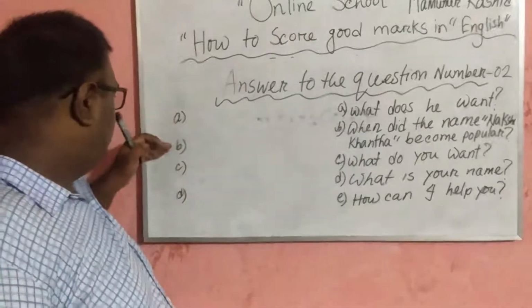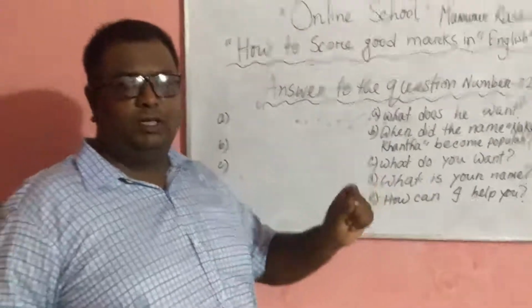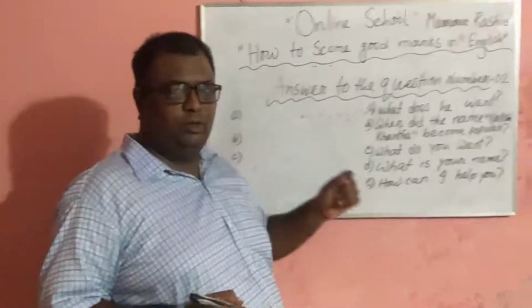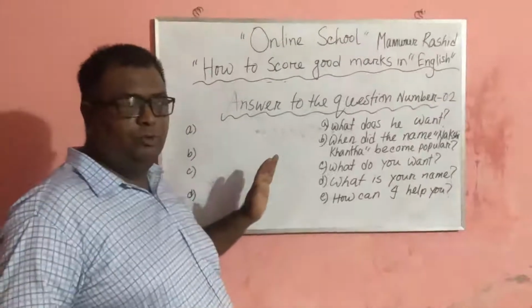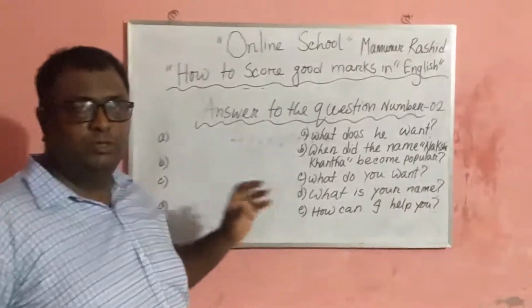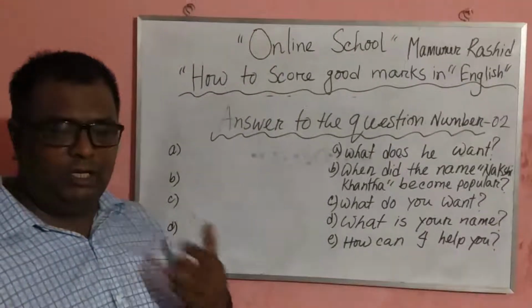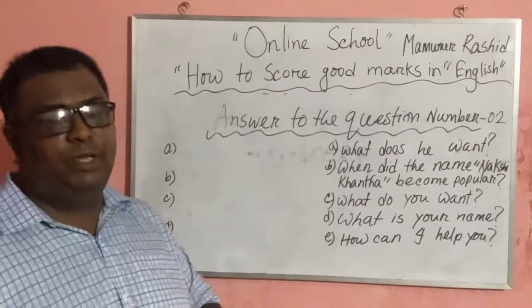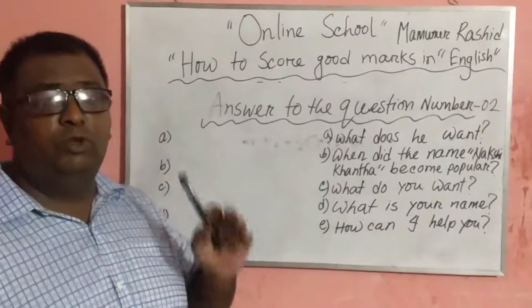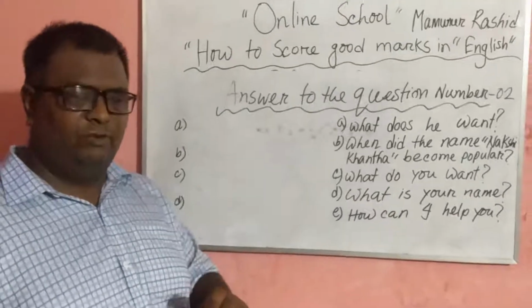Suppose like A, B, C, D. So when you are going to start answering this question, you have to read the questions so carefully. And first of all, I want to request you, please and please, my dear student, you must read the seen passage very carefully.